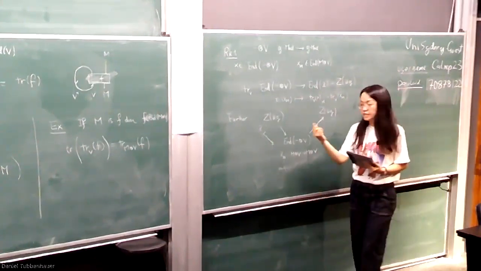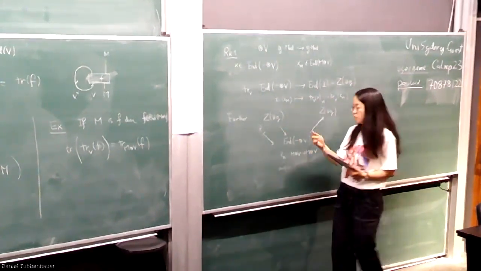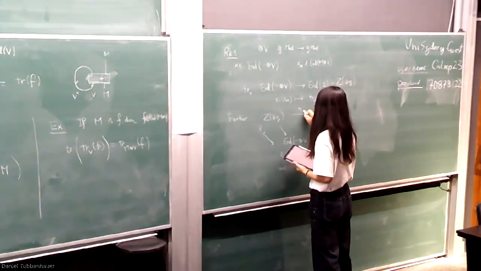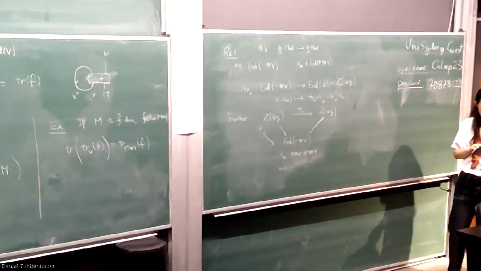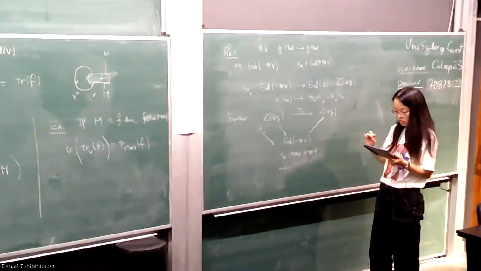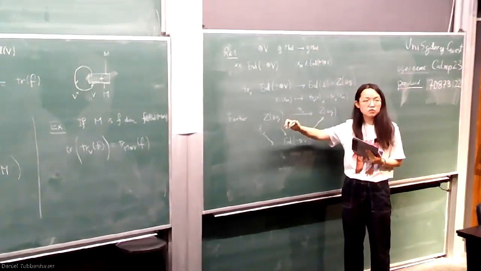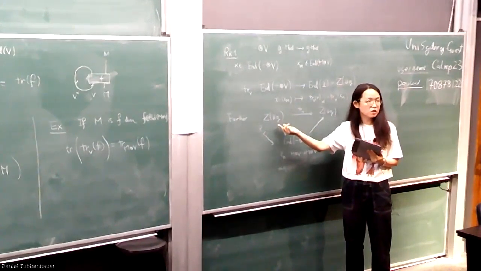So therefore, I get a map from the center to itself. And this map, by abuse of notation, I will still denote by trace of V. Our first goal today is to compute this map explicitly, meaning that we have the Harish-Chandra map, which identifies the center with W-invariants, and we'll give an explicit formula for this.